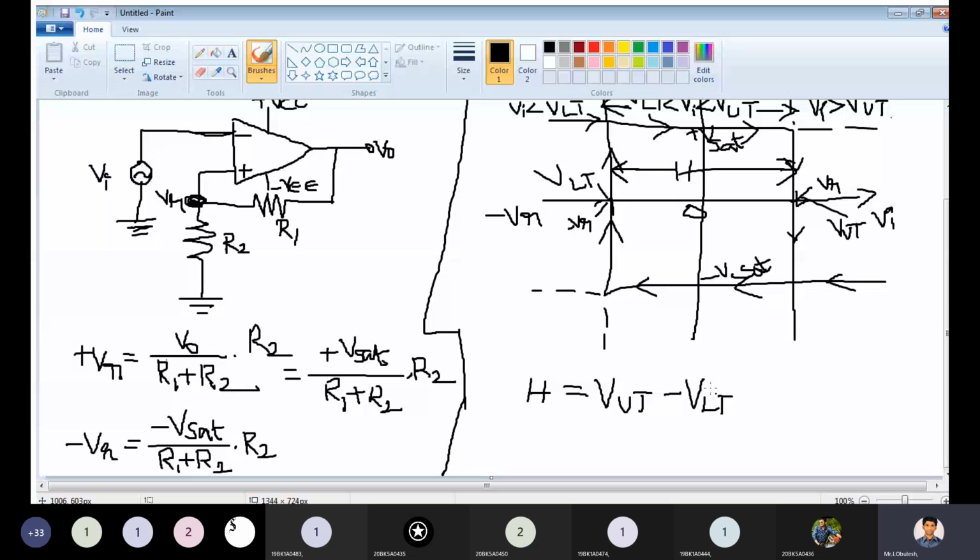You know the VUT value? You know the VLT value? Yes or no? You know both values, the upper threshold and lower threshold voltages.